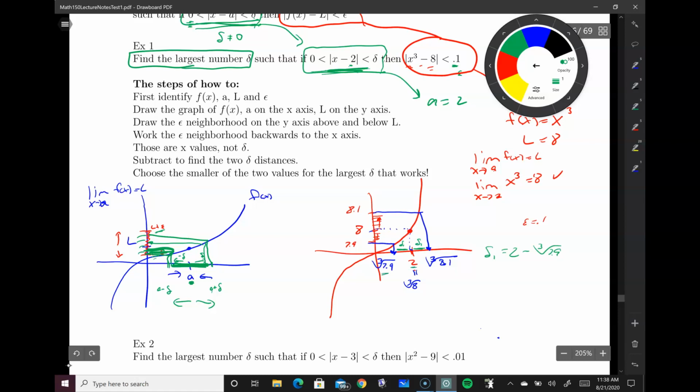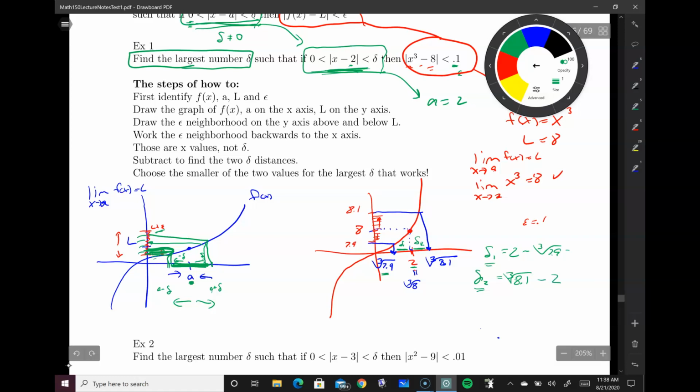That gives me the delta 1 distance. This is delta 2, sorry, that's kind of messy. So delta 2 is this distance over here. I'm going to subtract in the order so I get a positive distance. So I get the cube root of 8.1 subtract 2.